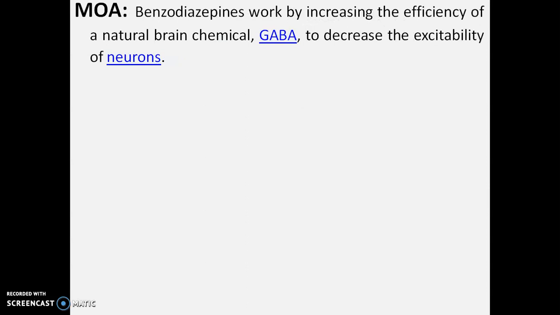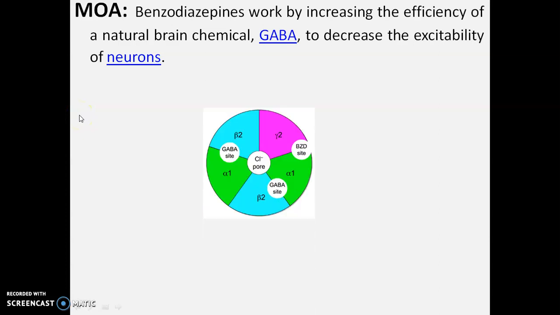Now let's discuss in detail the mechanism of action of benzodiazepines. Benzodiazepines work by increasing the efficiency of a natural brain chemical, GABA, to decrease the excitability of neurons. GABA, gamma aminobutyric acid, is also considered an inhibitory neurotransmitter.